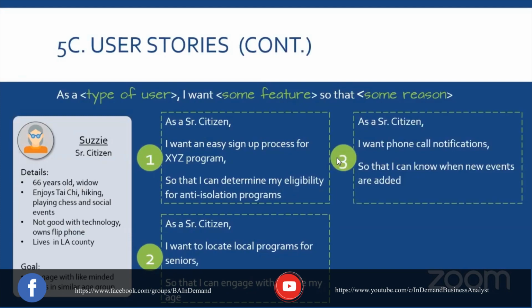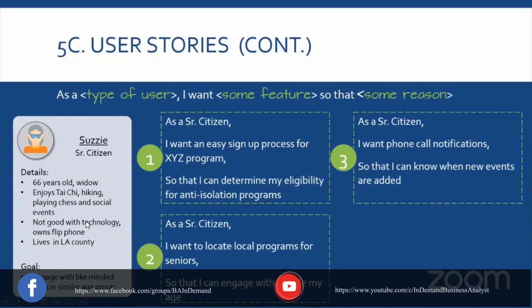So another one here. As a senior citizen, I want phone call notifications so that I can know when new events are added. So now, as a type of user, we have the senior citizen. The feature is phone call notifications, and the reason is that the senior citizen can know when new events are added. Now, when we're looking at the persona card, we see that the senior citizen is not good with technology, right?